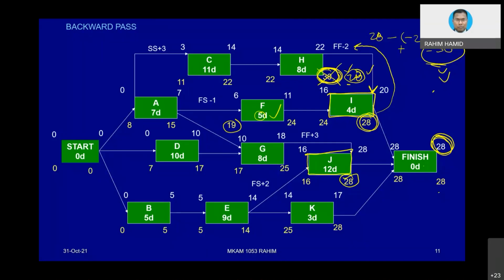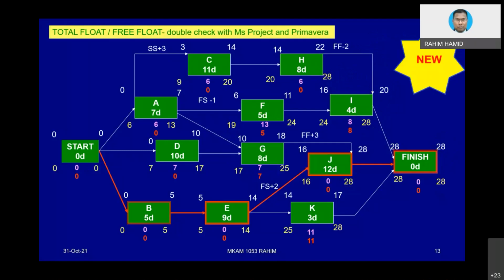And if you go to the next slide, this is the right slide. This is the right answer. See, I indicate new, and then I did a double check with Microsoft Project, and Primavera also gives the same answer. So 28 is the correct answer because of this scenario.